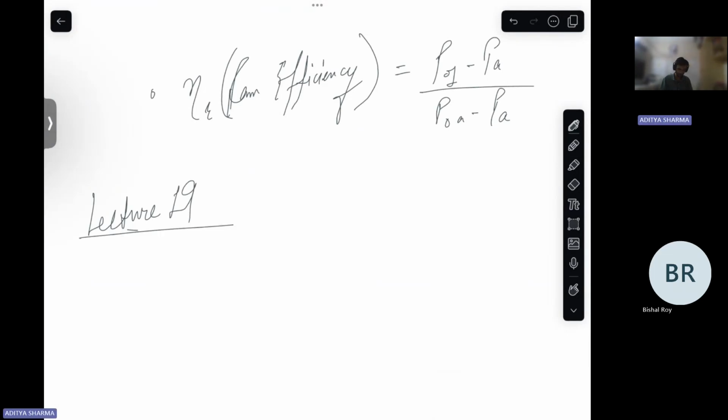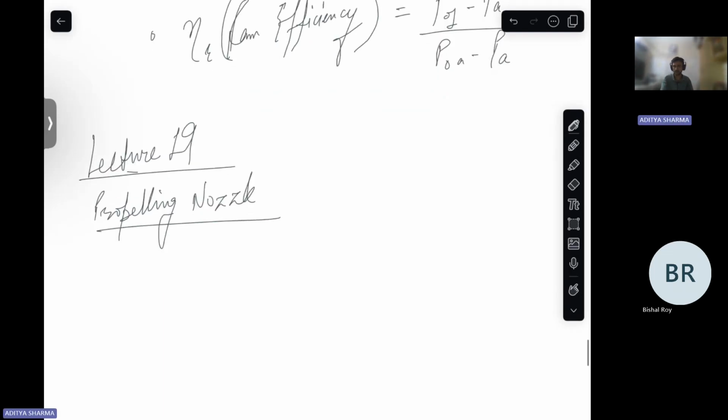Lecture number 19. First is the propelling nozzle. What is a propelling nozzle? I'll just draw this diagram again. So first we have a compressor.